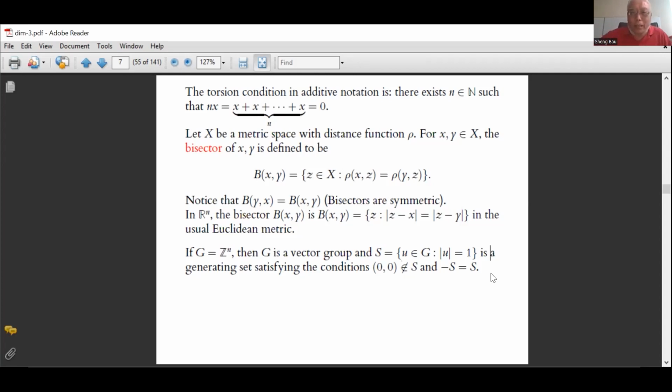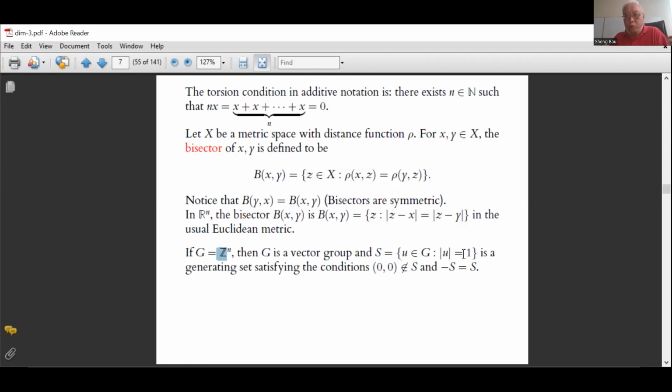But as soon as you have the Cartesian plane, there are continuum many unit vectors on the circumference of the unit circle. In this case, we have 2n unit vectors because this is a ring of integers.